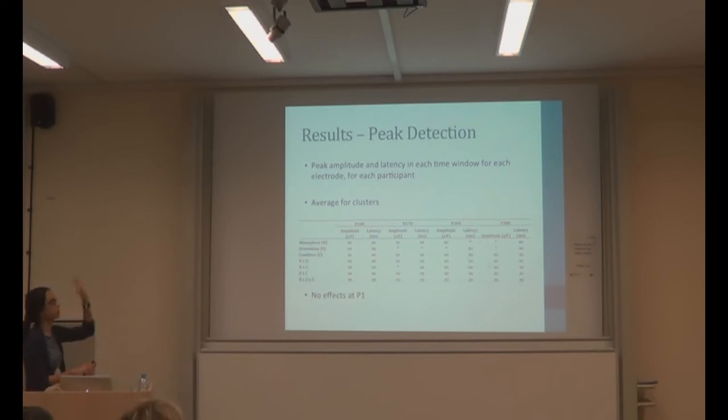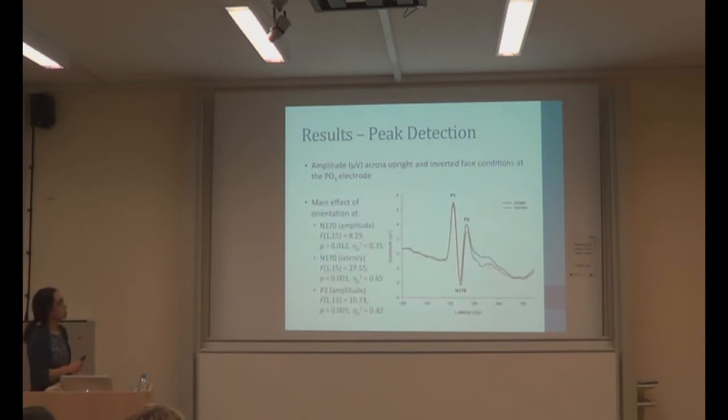So the first thing, no significant effects of P1, so that supports previous findings. In terms of effects of orientation, I've plotted the early components using the PO8 electrode. Even though the analysis was done on an average across electrodes, when you plot ERPs, you show an example of real data.